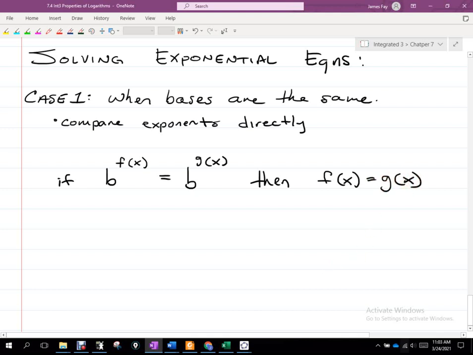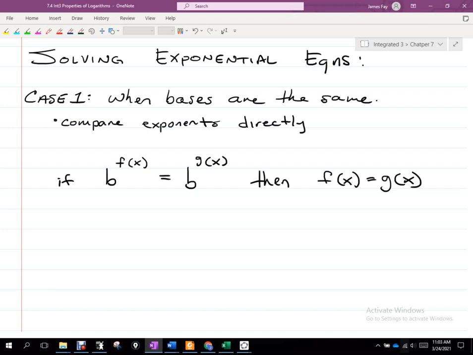What that will do is get us away from looking at the bases of b and just focus on the equation established when we compare the exponents.